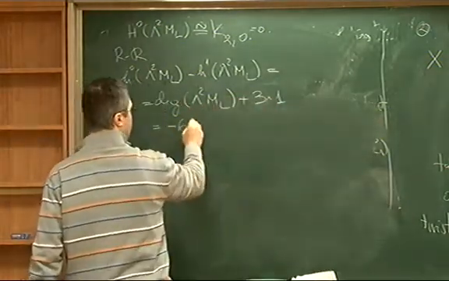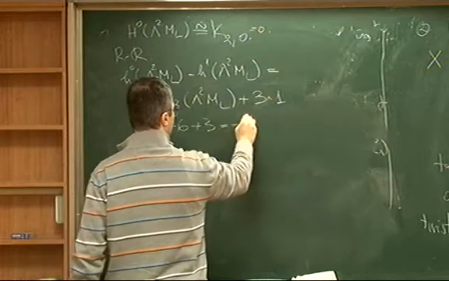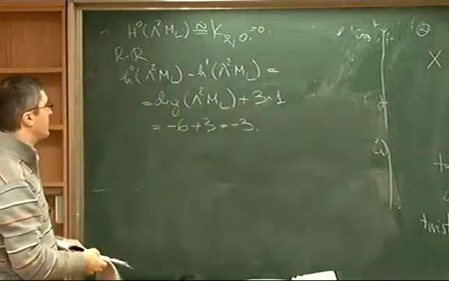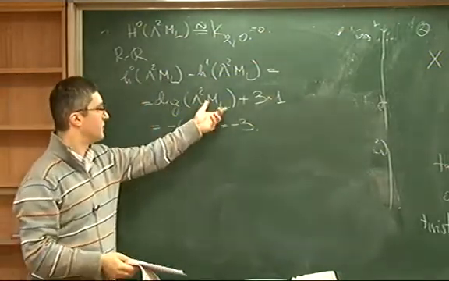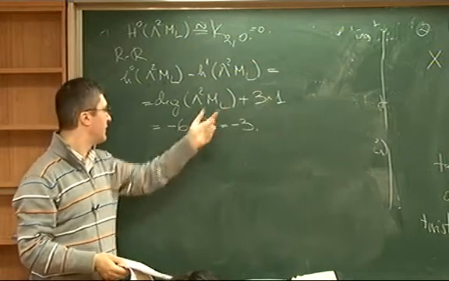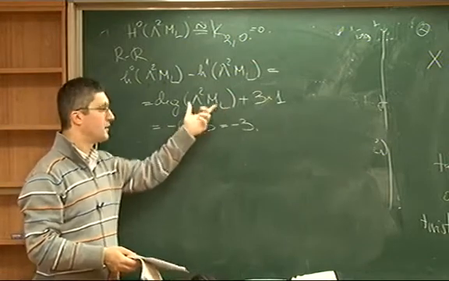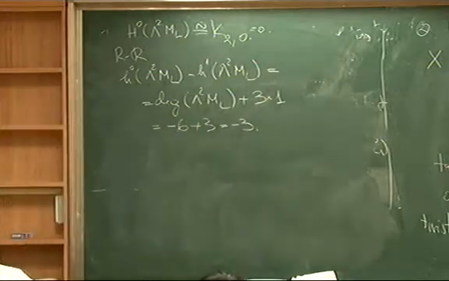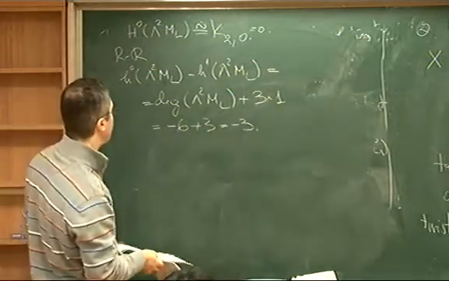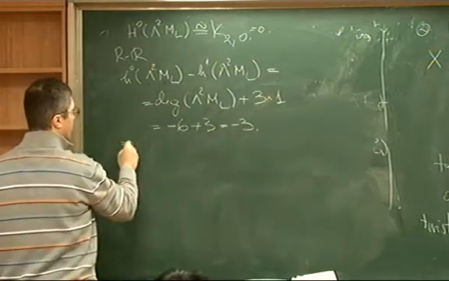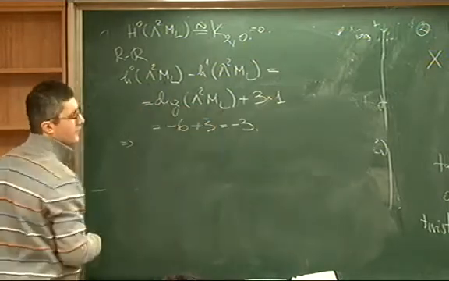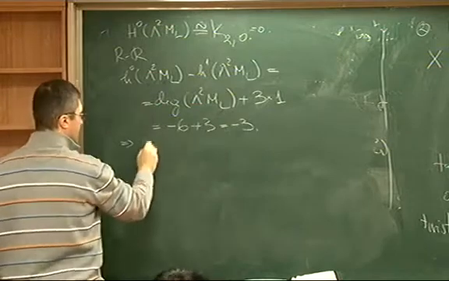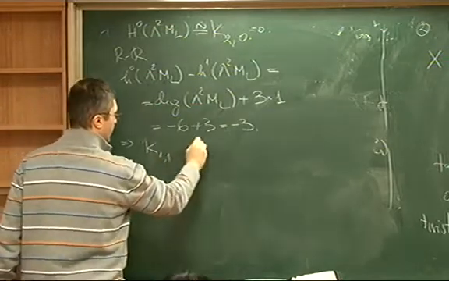So it's minus 6 plus 3, which is minus 3. Right? Because we know the degree of ML is minus 3, and this is 2 times minus 3. It's just a formula computing the degree of wedge products. So this is minus 3. And this was 0. So H1 was 3. So actually K11 is 3-dimensional.